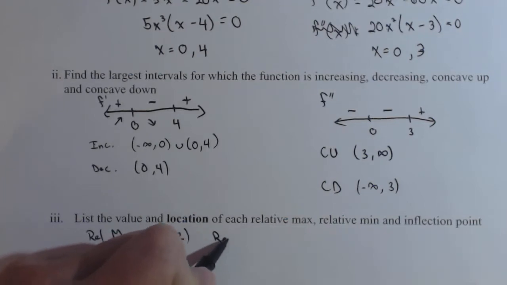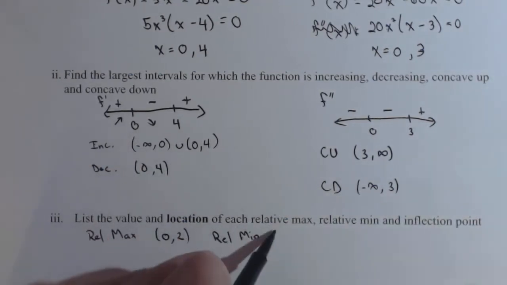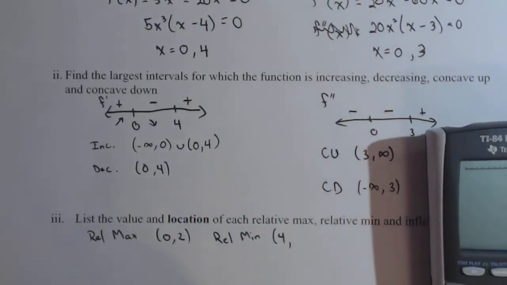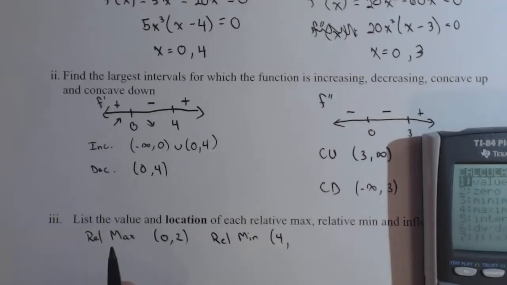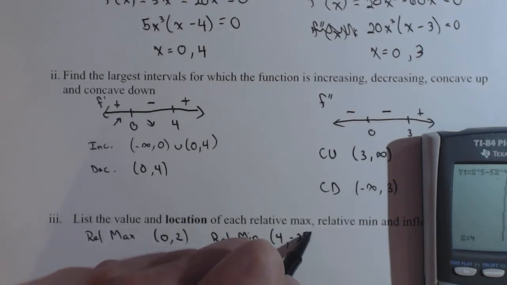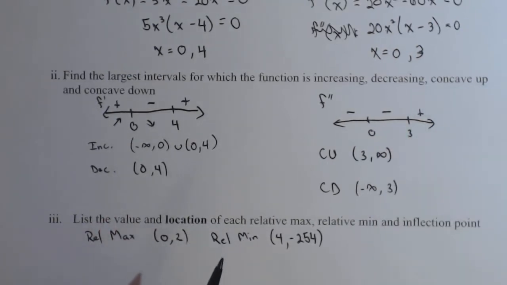We have a relative min, which is occurring at 4. And we need the function value for f of 4, so we can actually use our calculator. So I can calculate the value at 4. Remember, these values are coming from the original function. We use the derivatives to find out the location, but the values come from the original function.